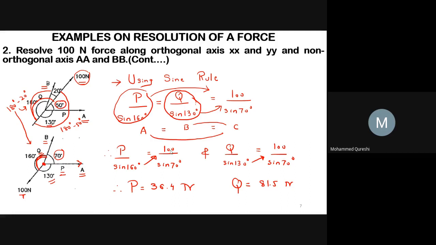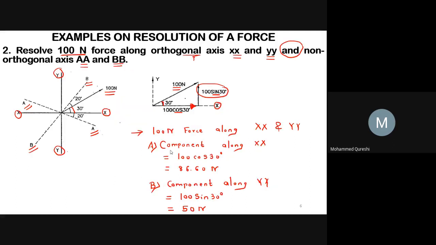Likewise, you may go for non-orthogonal axes if asked in this example. This way, we had resolved the 100 Newton force along orthogonal axes X and Y and non-orthogonal axes A and B.